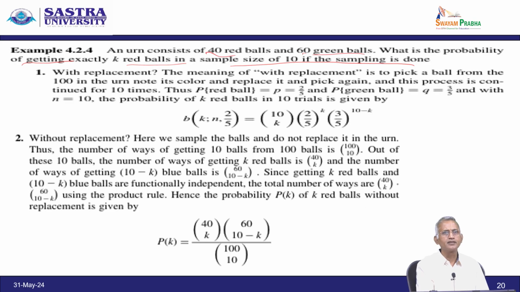This process is continued 10 times. Then the probability of a red ball is P equal to 2 by 5, and the probability of a green ball is Q equal to 3 by 5, with N equal to 10.